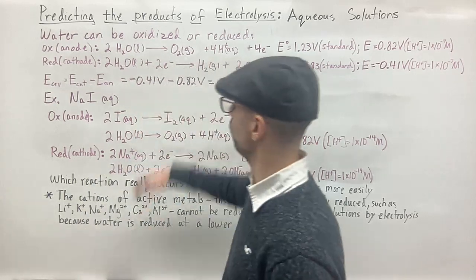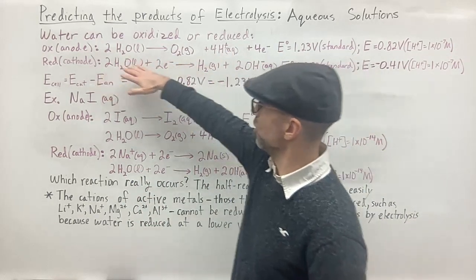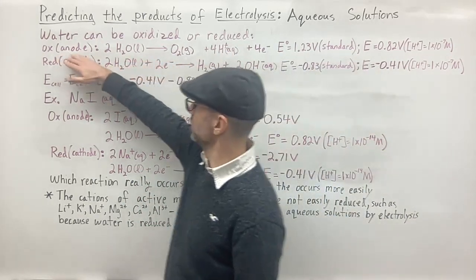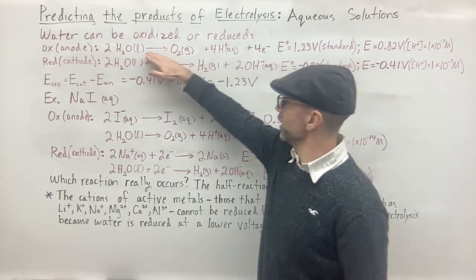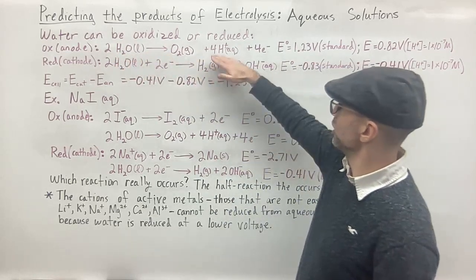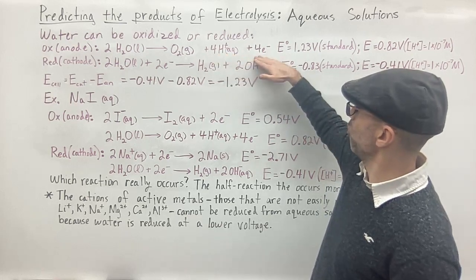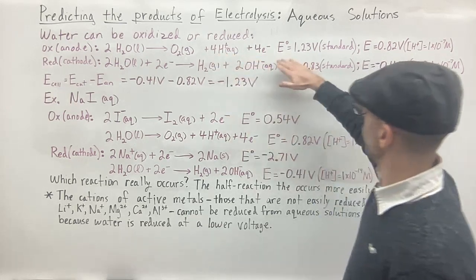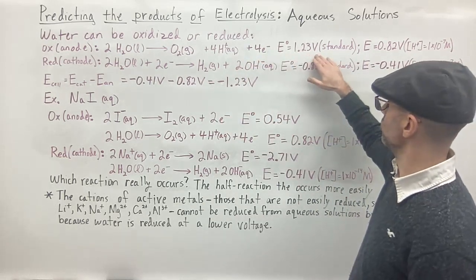So here I have water being oxidized and reduced. So at the anode, oxidation is occurring, and so I have two water molecules going to oxygen gas plus four hydrogen ions plus four electrons. And so that's going to have a standard electrode potential of 1.24 volts.